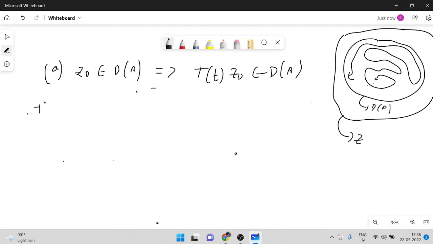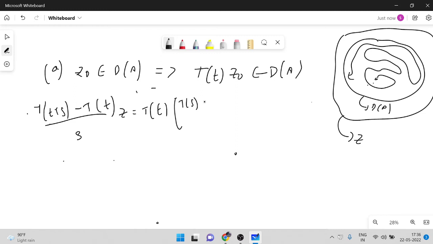The answer is, you just take T of t plus s minus T of t by s z, which equals T of t into T of s minus 1 by s into z naught, which is equal to T of s minus 1 by s into T of t z naught.